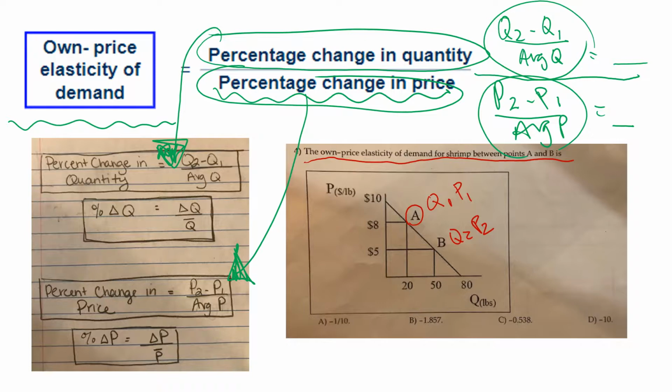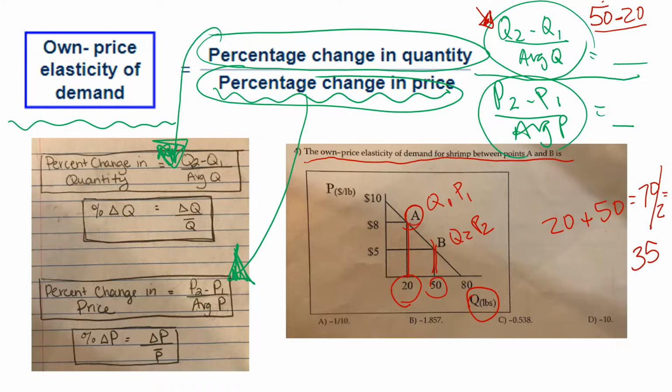So for the first part of the equation, we need our Q2, so point B. Our Q2 quantity is down here, 50, minus Q1 quantity, down here, 20, divided by the average of Q. Well, we only have 2 Q quantities, so 20 plus 50 equals 70, divided by 2 equals 35. So the average of 20 and 50 is 35.